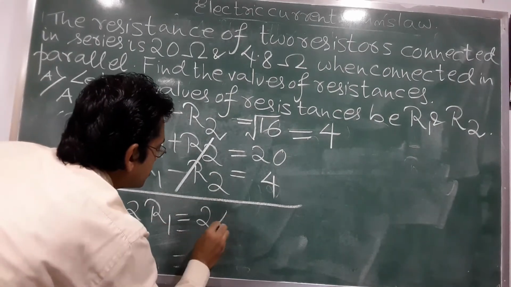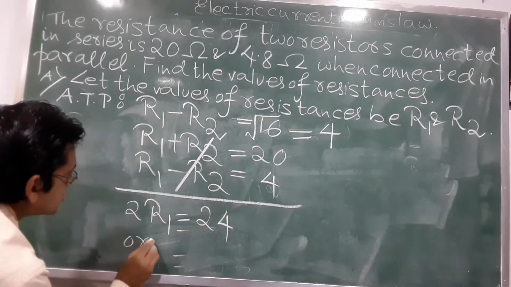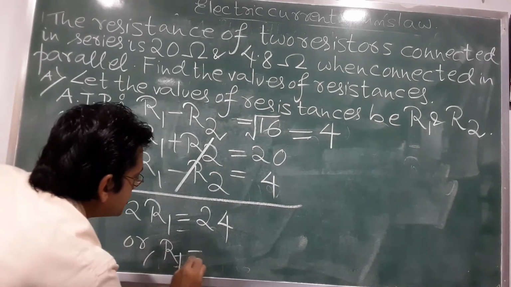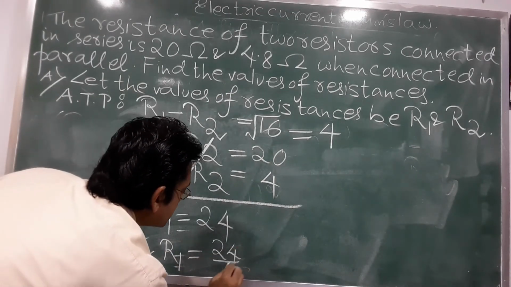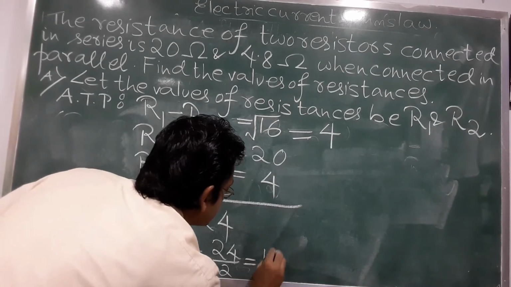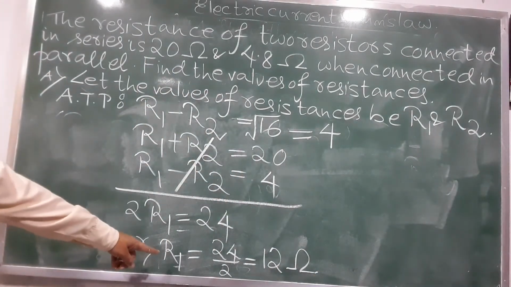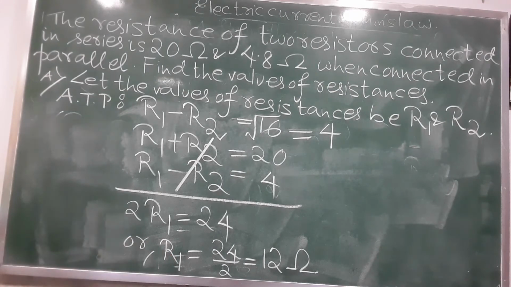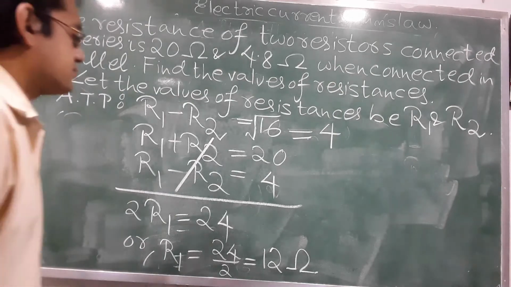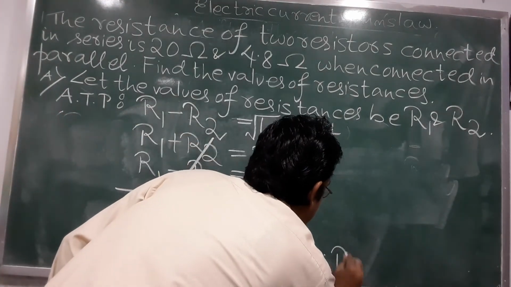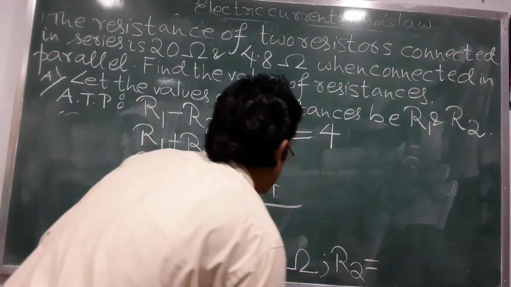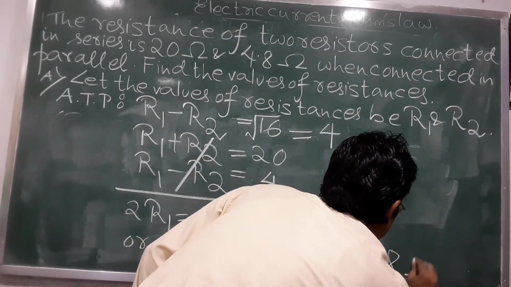R1 equal to 24 by 2, equal to 12. So if you substitute the value of R1 in any one of these equations, we will get R2 equal to 8 ohm.